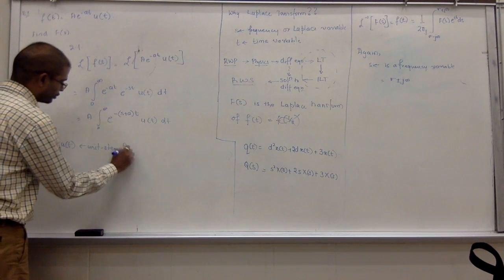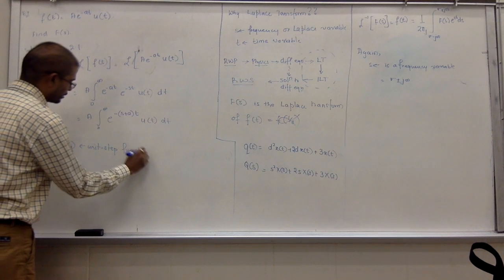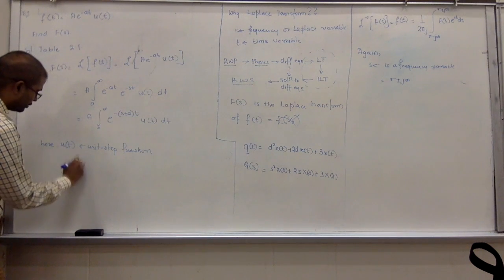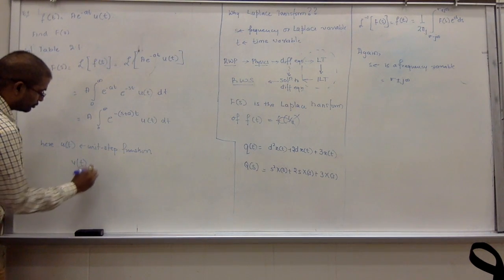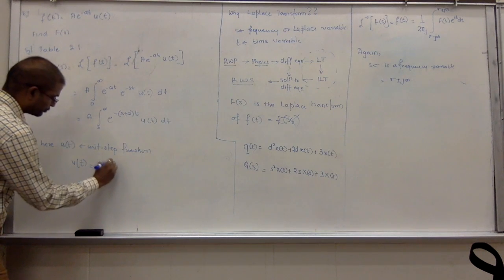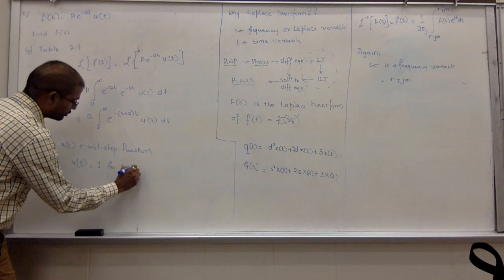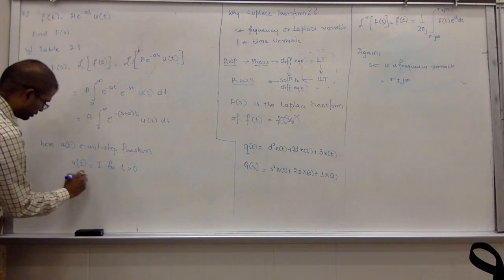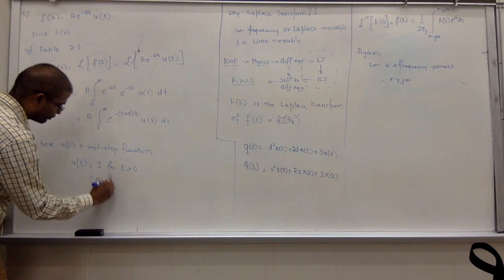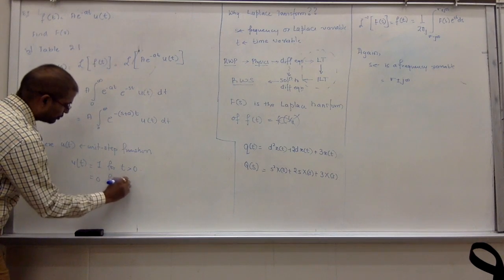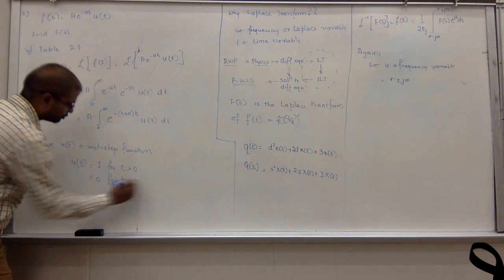It's defined by u of t equal to 1 for t greater than 0 and equal to 0 for t less than 0.